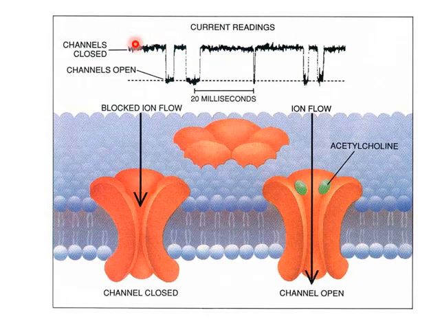The first is that the transition from the closed state to the open state and the open state to the closed state occur almost instantaneously, in hundreds of microseconds or even less. A very rapid transition. The second thing we learn is that when the channel gates open, it always opens to the same extent, so that we see the same amplitude of negative current every time the channel is in the open state.